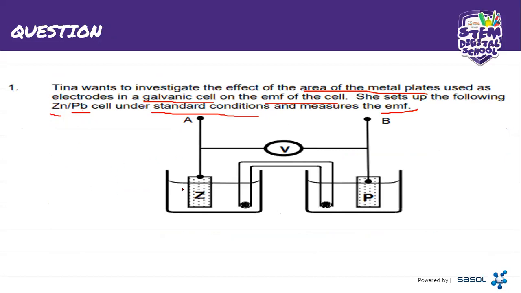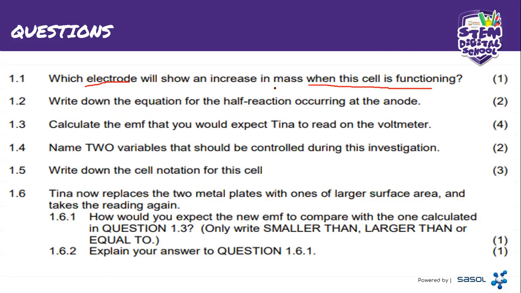Now, my dear learners, you see from this question, the Z there, I honestly don't want to say to you that it was meant to be Zn and the P was meant to be Pb. It does not necessarily mean that altogether. So we must go and check our electrodes and check which one will experience an increase in mass.